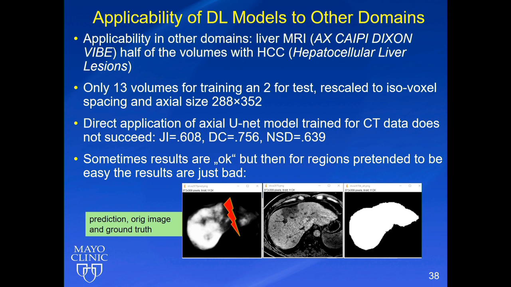Why is that? With our approach of the pre-processing, windowing applied, scale applied, we at least had the hope that it would make the approach generic. From the target structure point of view, it is generic. But what is the problem there for the UNet? It's not the liver itself.